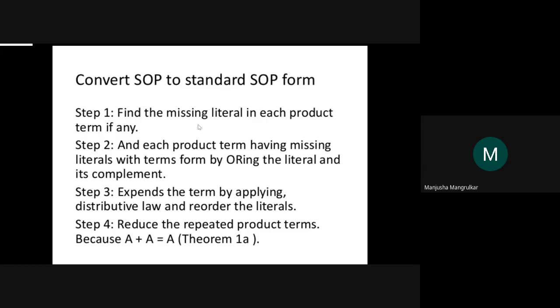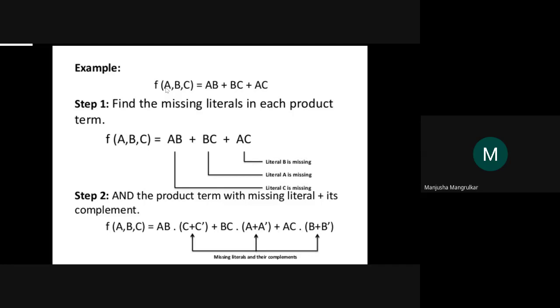Now we'll see the example. Suppose this is your example: function ABC. ABC means we can understand there are three literals. The equation is given as AB or BC or AC.